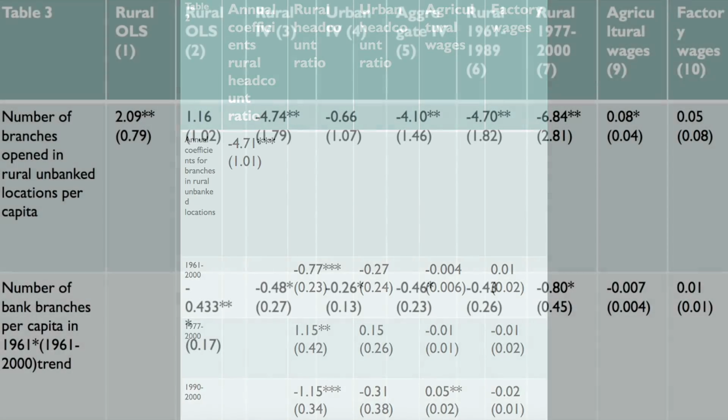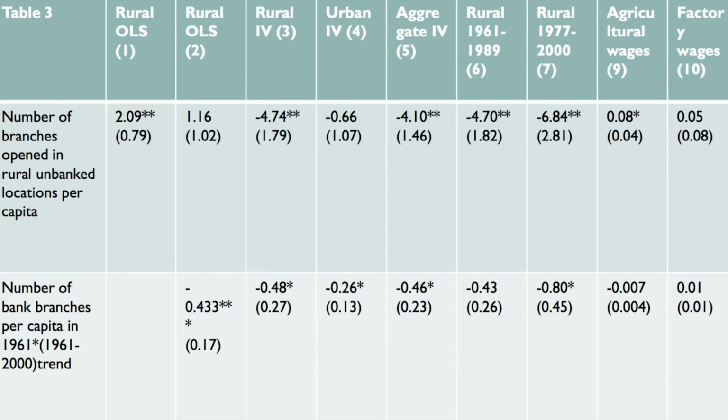And here we see another table, which basically shows that the coefficient on branch openings in rural unbanked locations is positive and significant at 2.09. This is consistent with the program-based explanation wherein poorer, financially less developed states attracted more rural branches between 1977 and 1999.